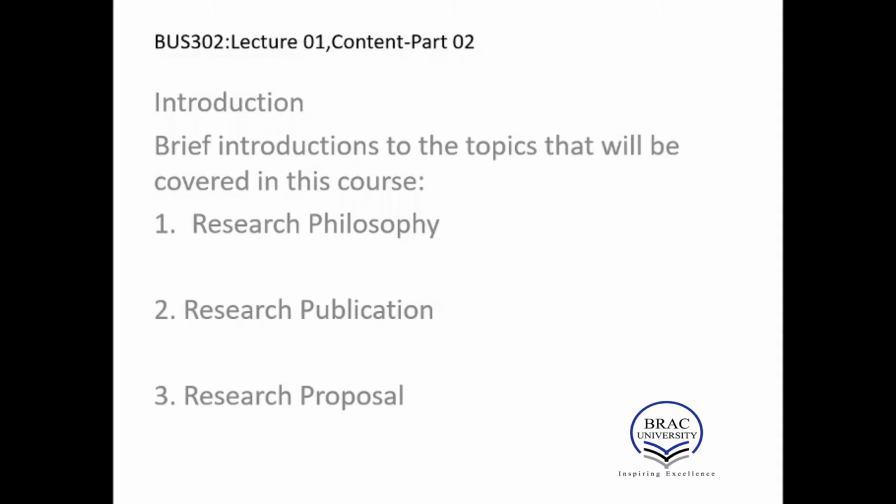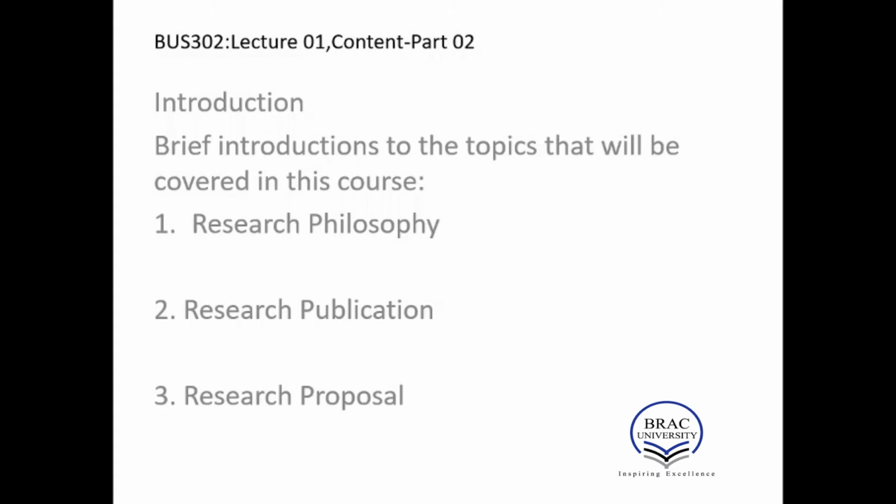After discussing research philosophy, we move on to the next segment, which is research publication. Research publication is quite important in the sense that every research needs to anchor itself with necessary background information, and that background information is the existing research actually.